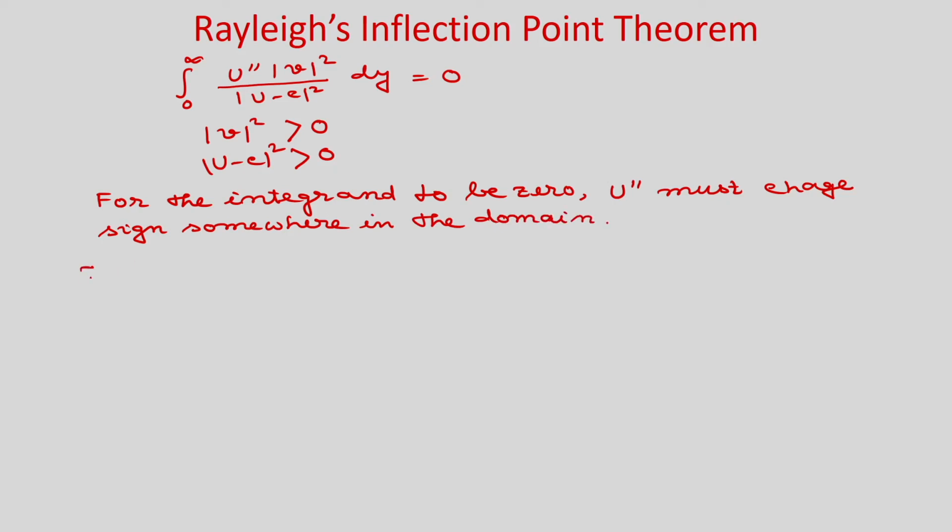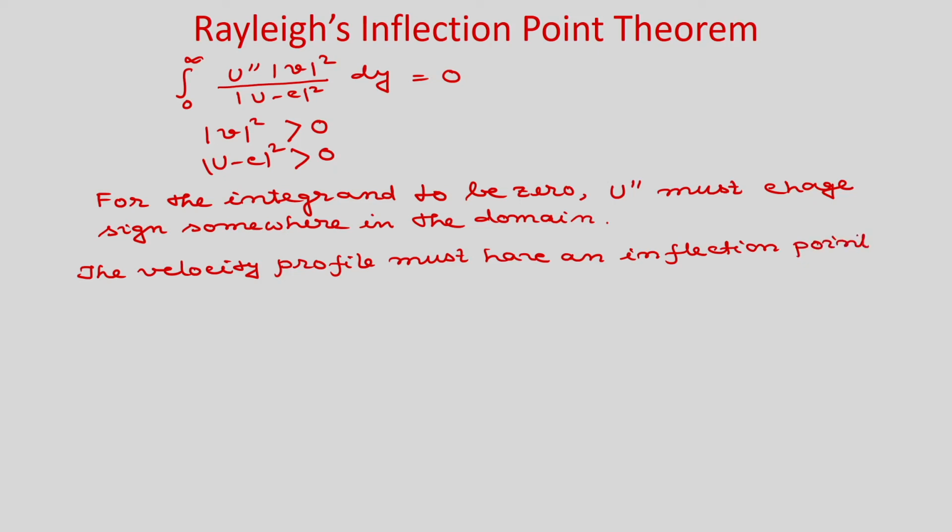That means the velocity profile must have an inflection point inside the flow. Okay. So, this is Rayleigh's necessary condition for instability.